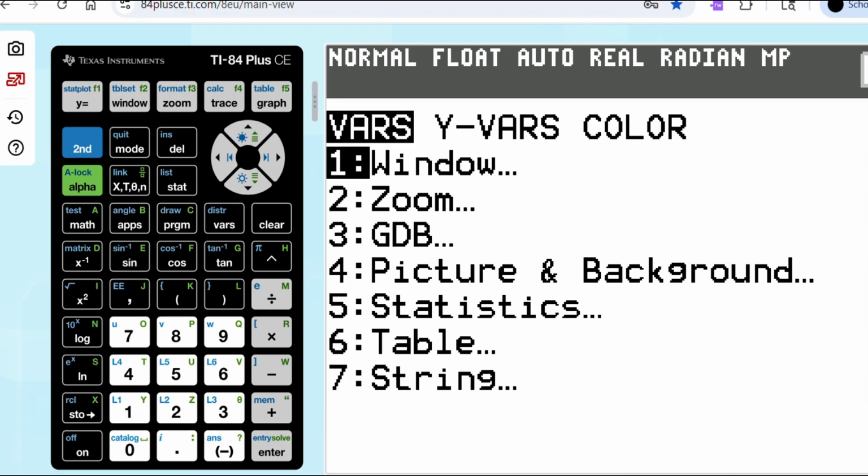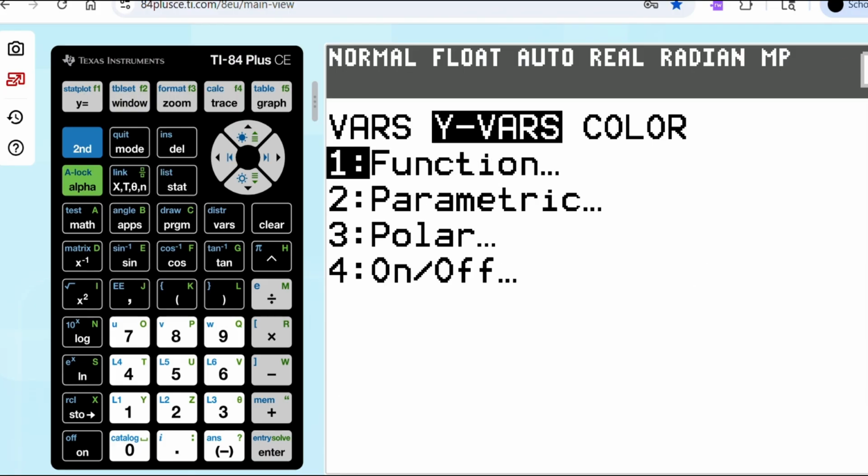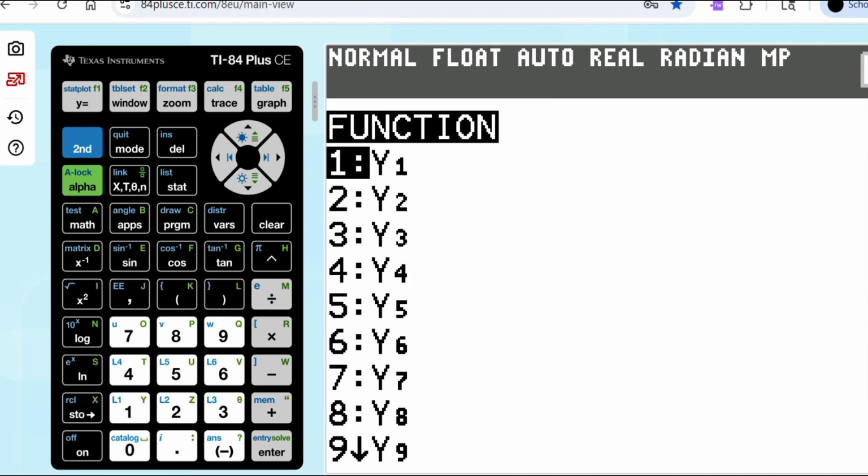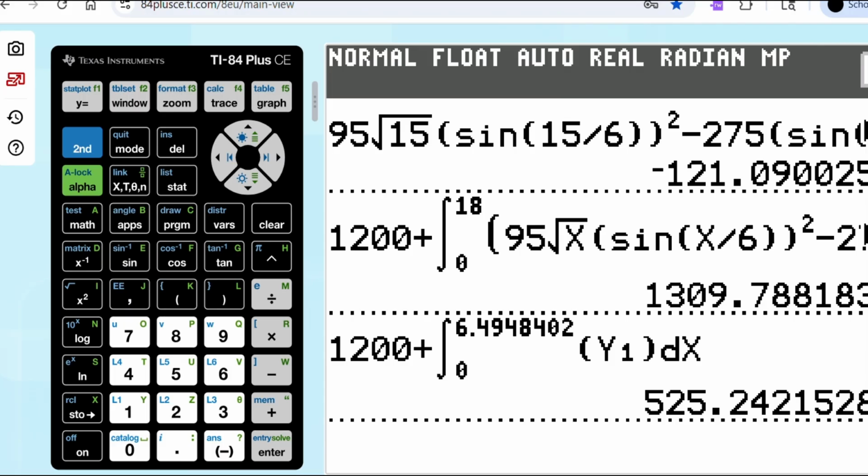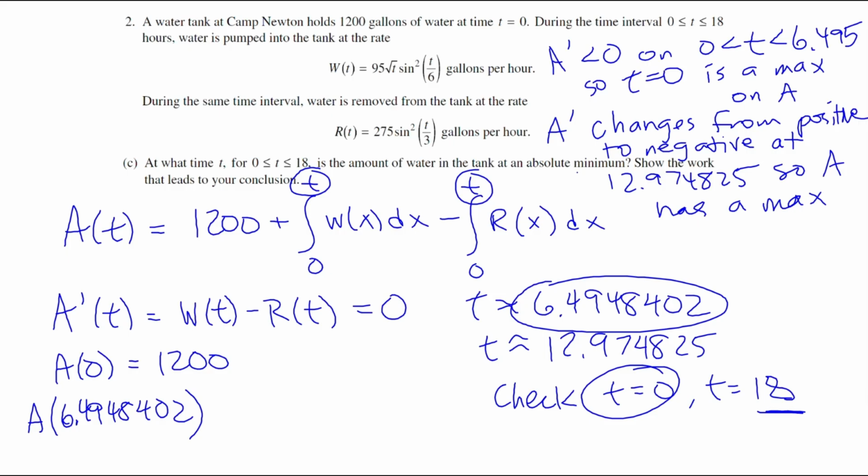So we can hit VARS, just to the left of the clear button. Go over to the second column, Y-VARS, hit option 1 for function and option 1 for where we have it graphed, y1. And we don't have to retype that whole function again. Then just put an x at the end, and we end up getting 525.242.